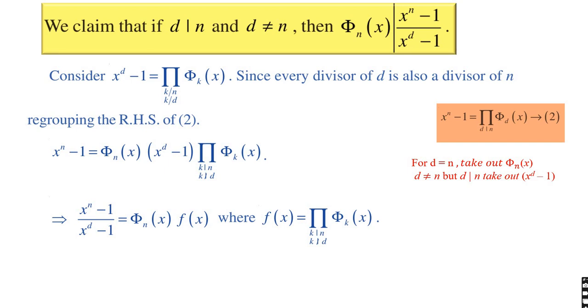So when we consider this, we can also write this one as phi k, k divides n and k divides d, right? First actually you have this to be phi k of x. In this case, as per this, it is enough we write this, k dividing n need not be written.